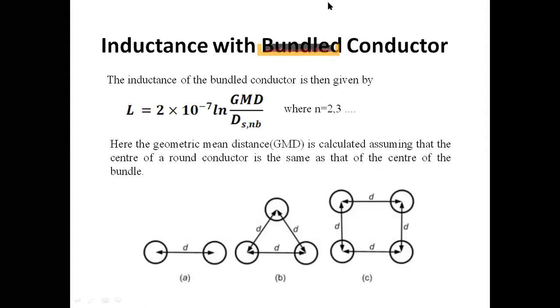For example, if we consider the first one, we take the center here at the middle. In this way, you have to find the GMD, and then you can calculate the inductance for this bundle conductor.